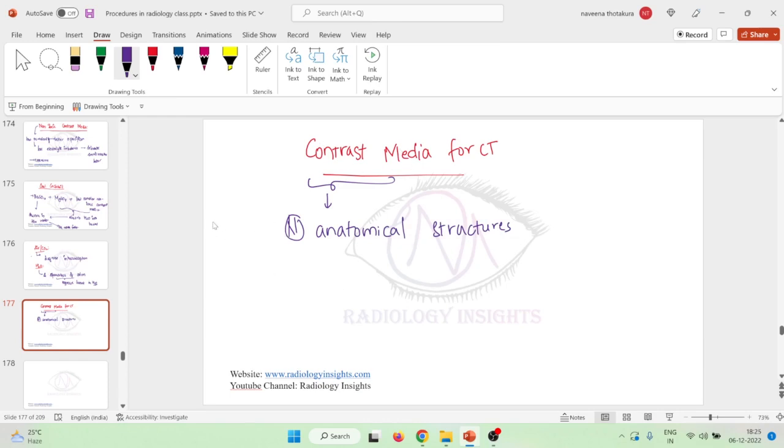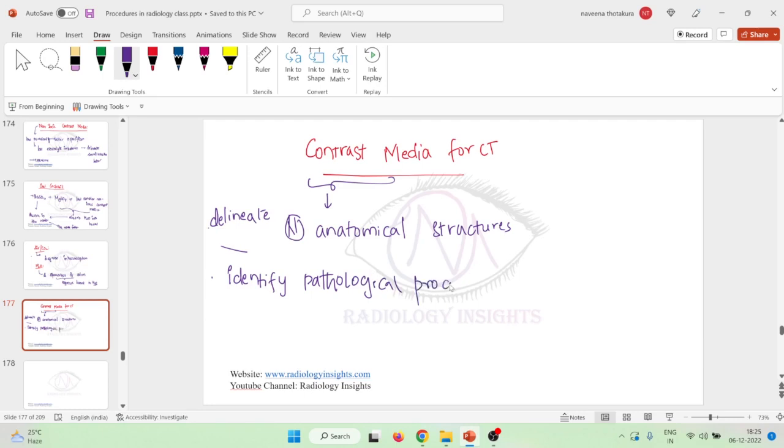First, it will help to delineate or differentiate the normal anatomical structures, and these contrast media also help us to identify the pathological processes. What pathological things are happening can also be identified with the help of this contrast media.